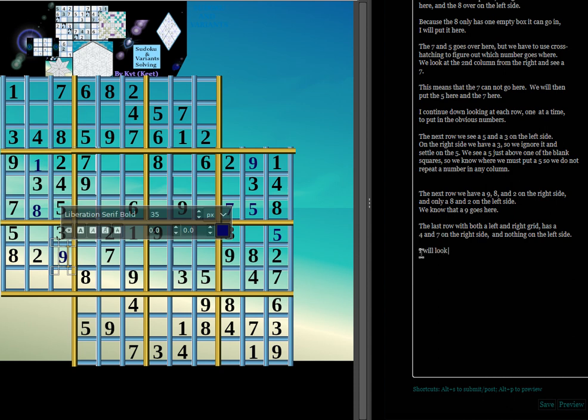I will look at each column on the left side to see if I can determine where the 4 or 7 can go.